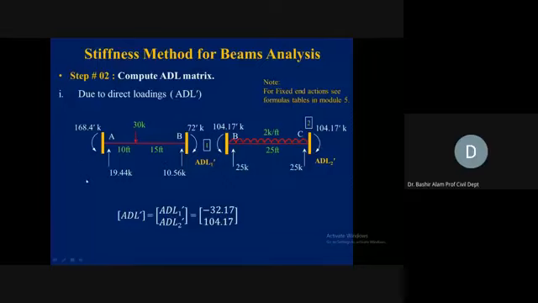Maybe I made some mistake. Divided by L squared, P A B squared divided by 8 L squared. It should be, I think, 8 L squared. No, let's verify this. It was actually P L divided by 8.